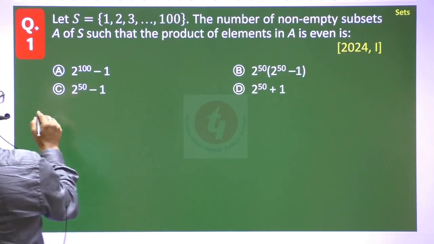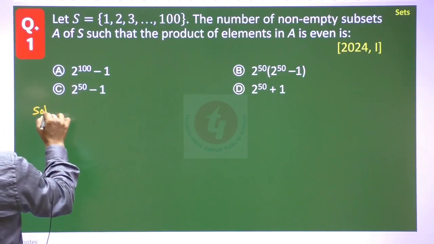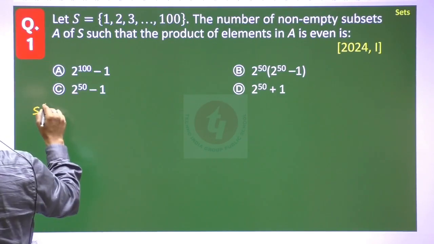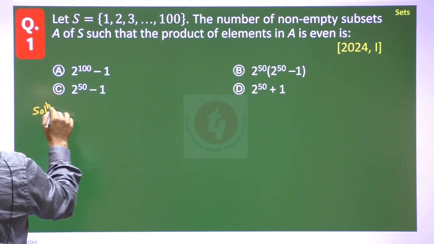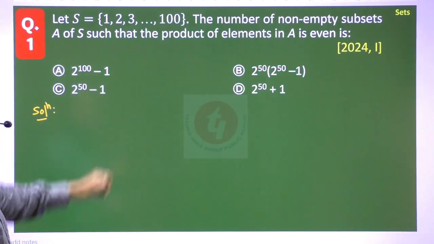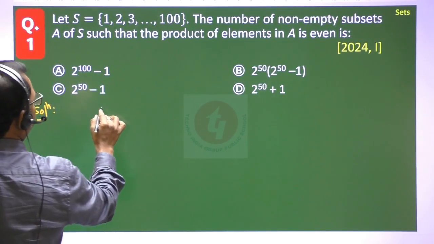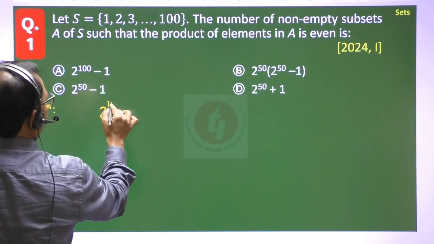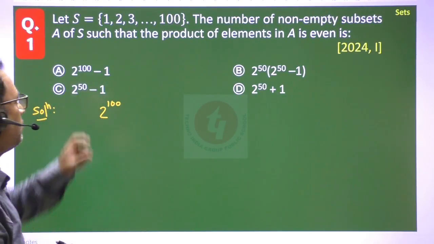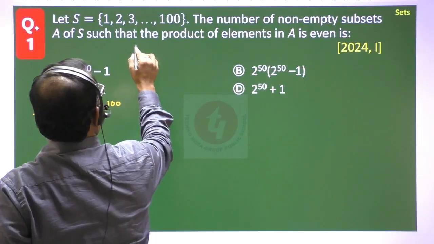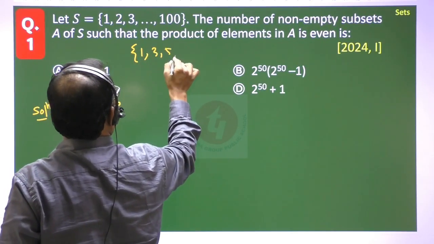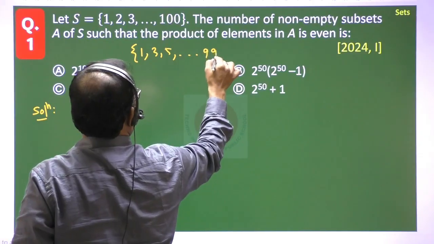So first of all we calculate how many subsets we can form without any restriction. Since there are 100 elements, without any restriction we can form 2 to the power 100 subsets, 2 to the power n in general. Now I will consider only the odd numbers from this set: 1, 3, 5, and in this way the last member is 99.